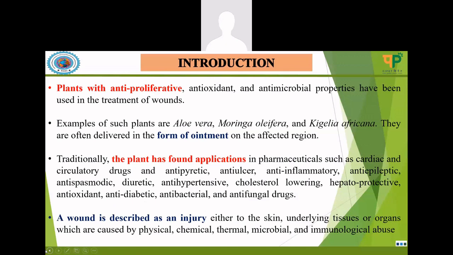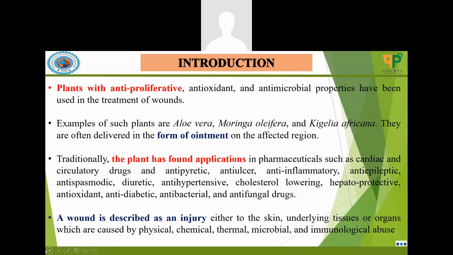And a wound is described as an injury either to the skin, underlying tissue, or organs which is caused by physical, chemical, or immunological abuse. Further, the wound is usually accompanied by vasoconstriction, which induces hemostasis and release of inflammation mediators.